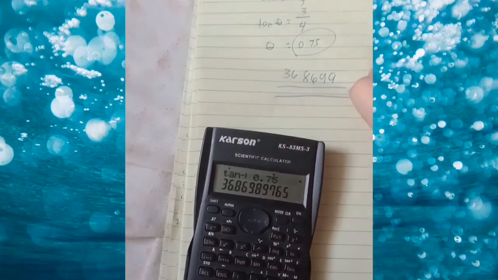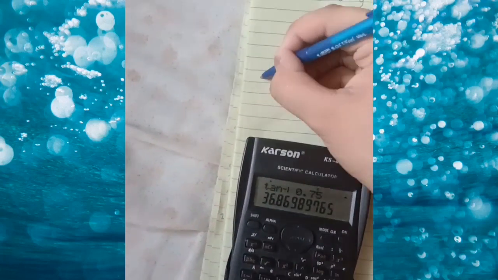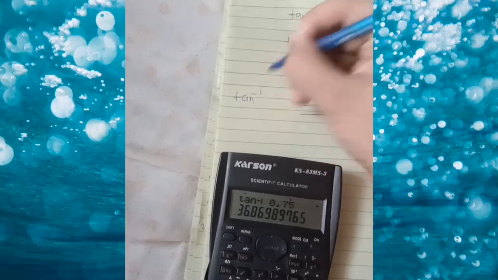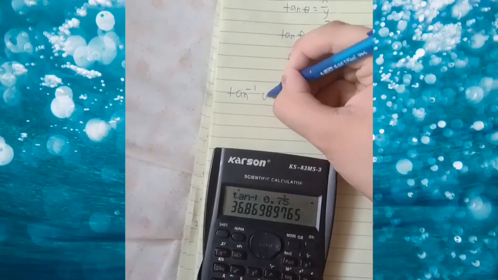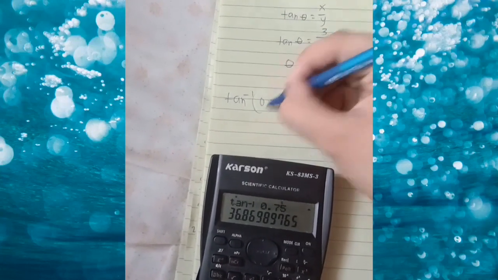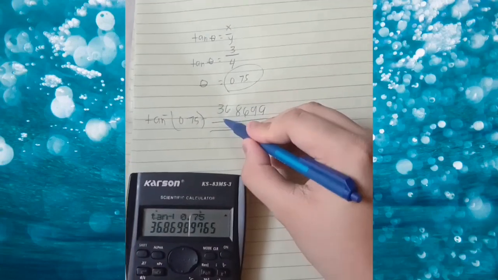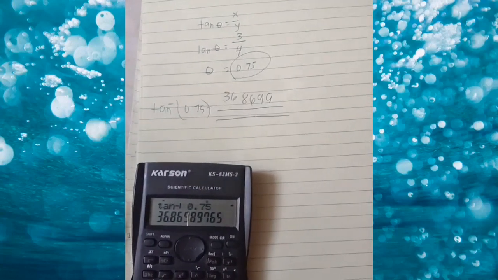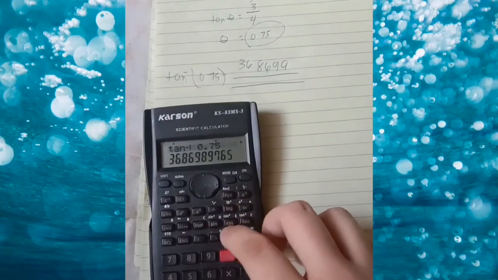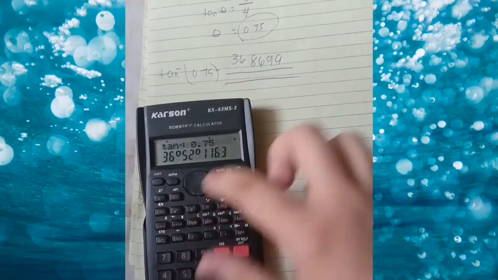Once again, in order to get this, all you have to do is inverse tan or shift tan 0.75. Now, in order to get the degrees, minutes and seconds of 36.8699, just press the degree button right there.